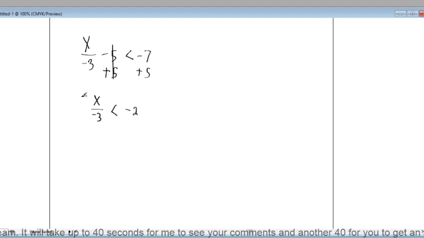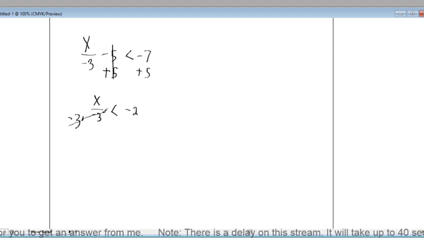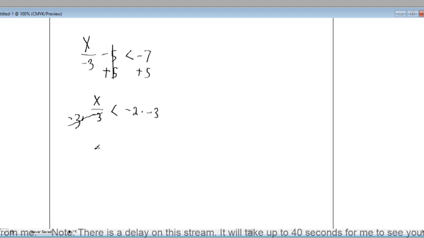Okay, so take note of the signs of both sides right now. This is negative x over 3. It's the way you can think about it. And negative 2. So they're both starting as negatives right now. When I multiply both sides by negative 3, though, in order to cancel that out, this is now positive x.